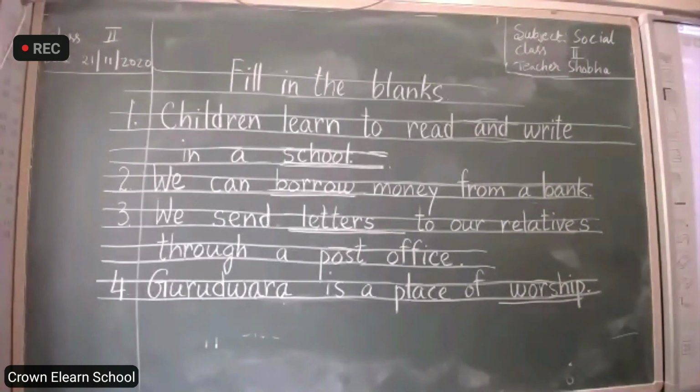See, already term 1, all lessons I have displayed. Now if I display, other children will have confusion. So today I am going to display term 2, lesson our neighborhood.